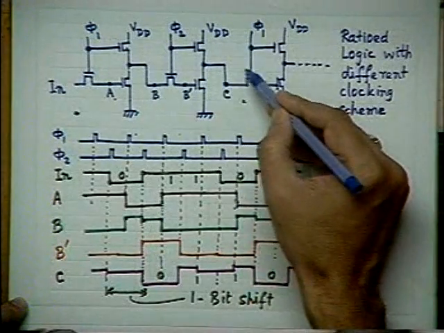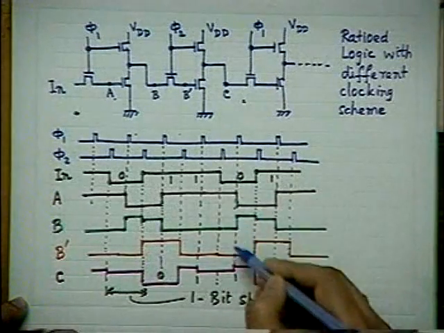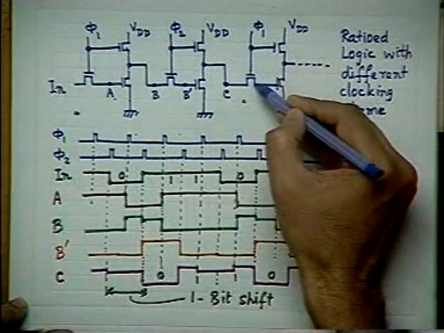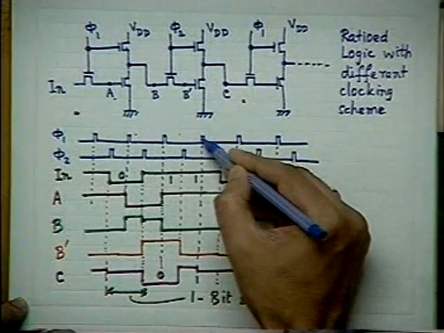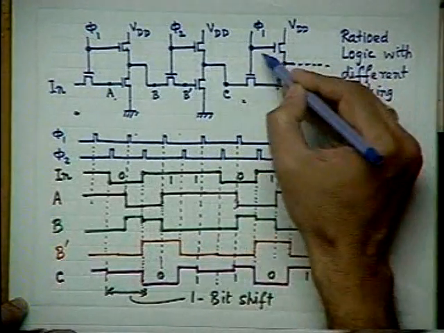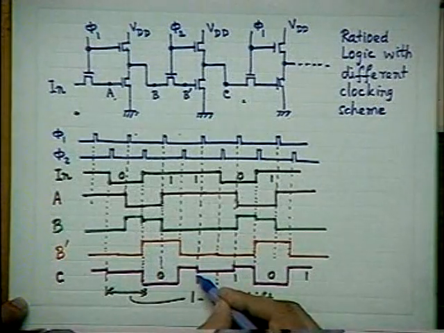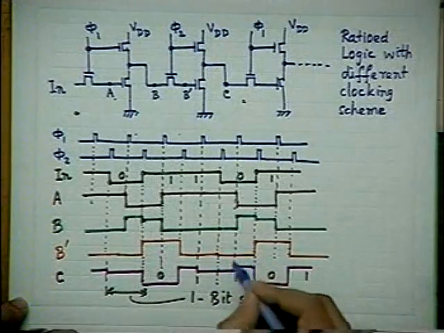So far as this node is concerned, at this instant, when phi 1 is high, this transistor is on, there has been a fall. Am I correct? It is as expected. Then, at this instant, what is going to happen, which I have not shown?